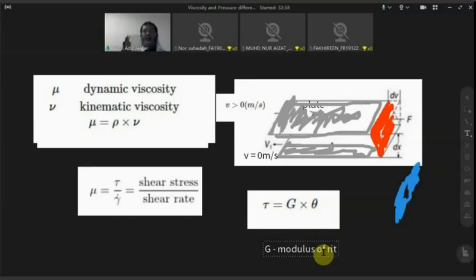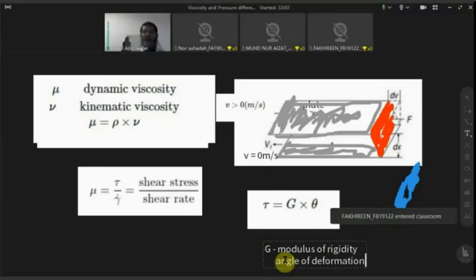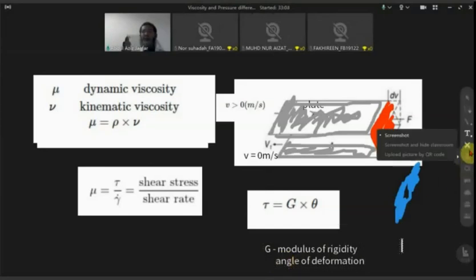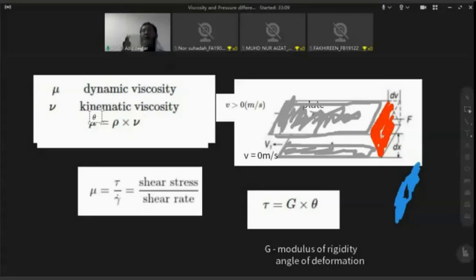But when a fluid is receiving the shear forces, the fluid will not deform like a solid, right? The solid has elastic properties and will return back to its original shape when the force F is released. But for a fluid, when the shear force is applied, it will move at a constant speed, something like that, right?